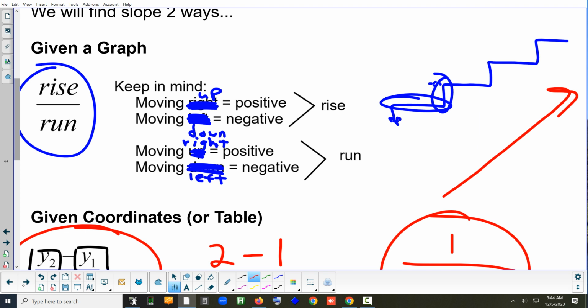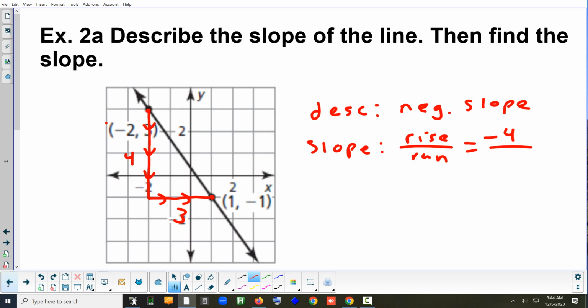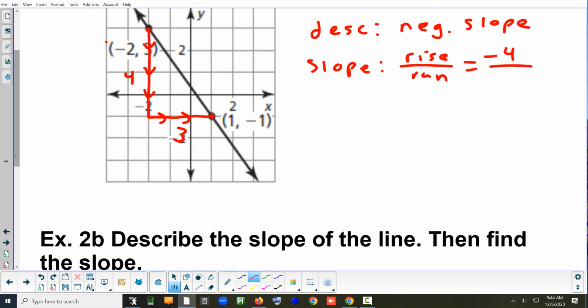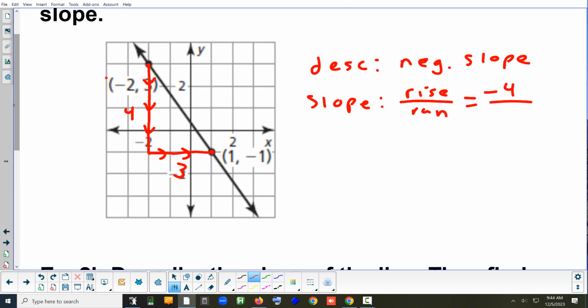Okay, moving right is positive. And how far to the right did we go? 3. So that's my slope, negative 4/3. There's nothing I can do with that because there's no common number that goes into 4 and 3. Okay. Any question on that?